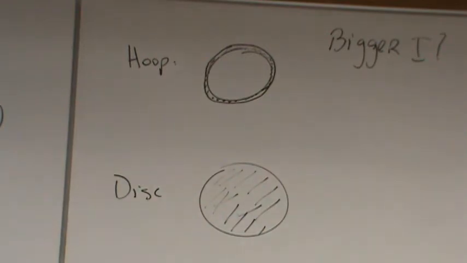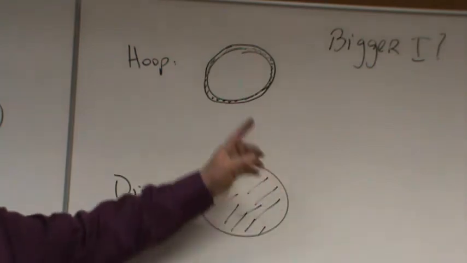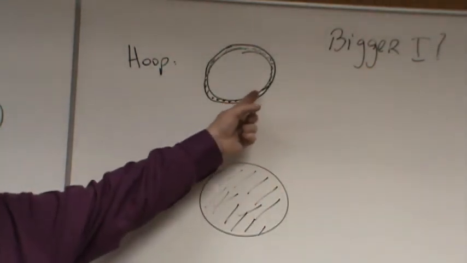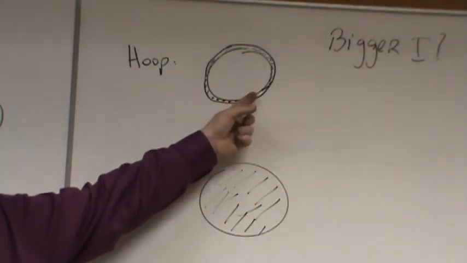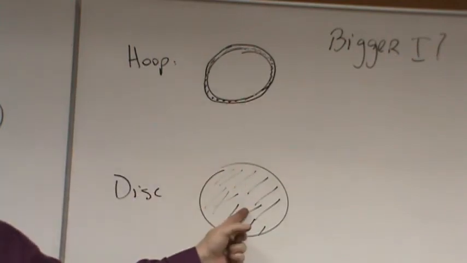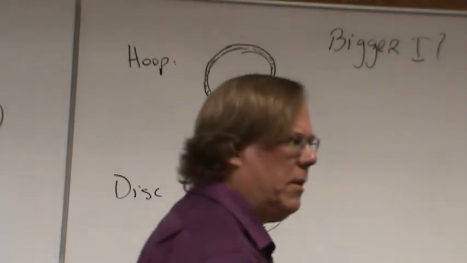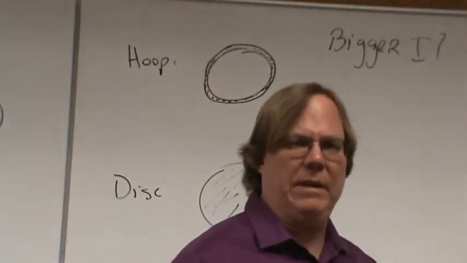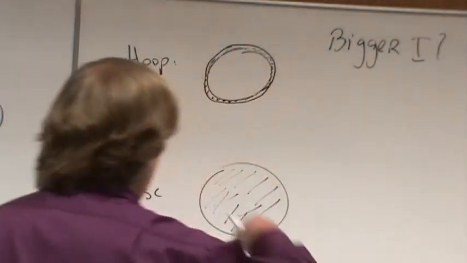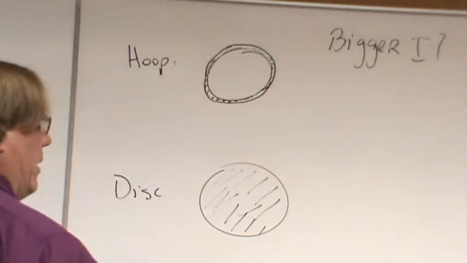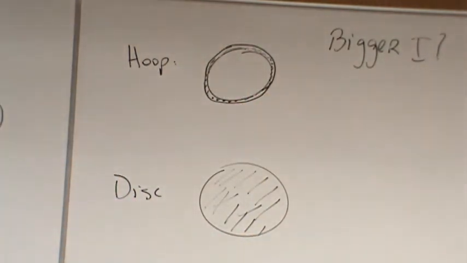You ready to vote? Who's got the bigger rotational mass? How many people say the hoop has the bigger rotational inertia? 1 of you, 2 of you. How many people say the disk? Okay, many of you. Let me just remind you, how should the mass be distributed from the point of rotation? And by the way, if my hoop or my disk is rolling, where's the point of rotation?